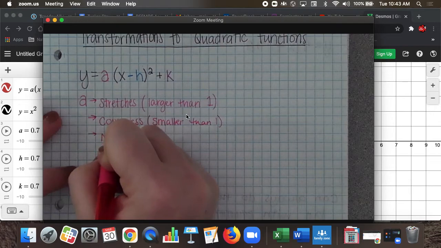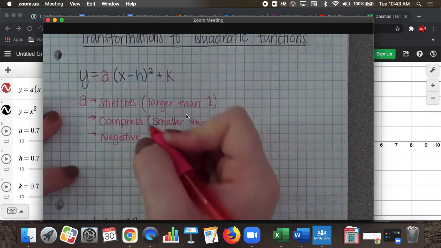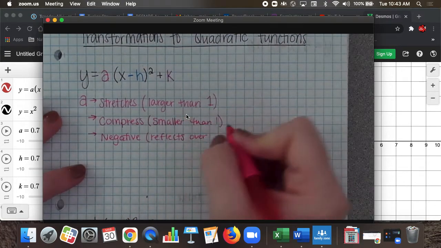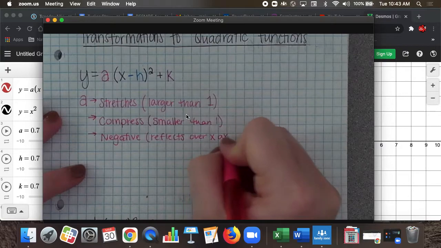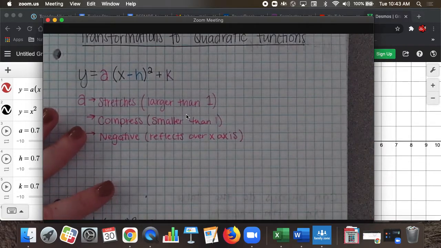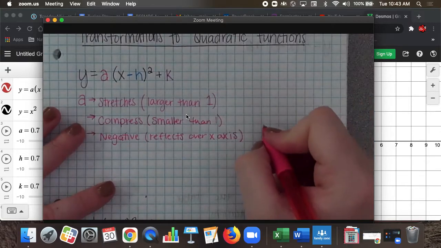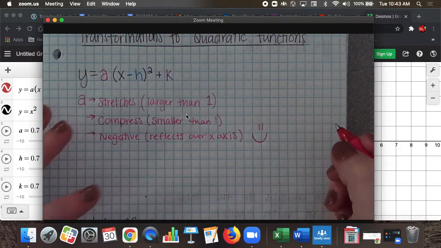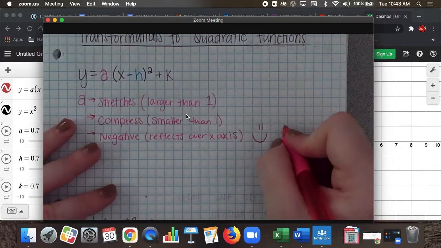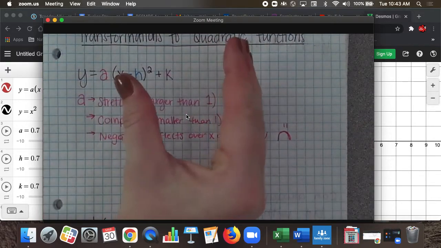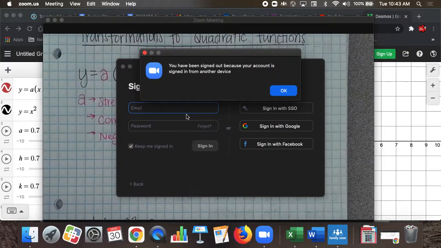When it's negative, it reflects over the x-axis. What I think about whenever I think about a negative is somebody smiling or frowning. If I smile, the parabola is positive, is the way I think about it. So if it's negative, it reflects over the x-axis. So instead of it opening up, it's going to open down.